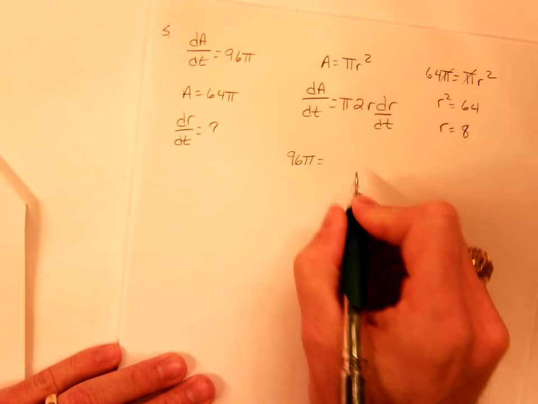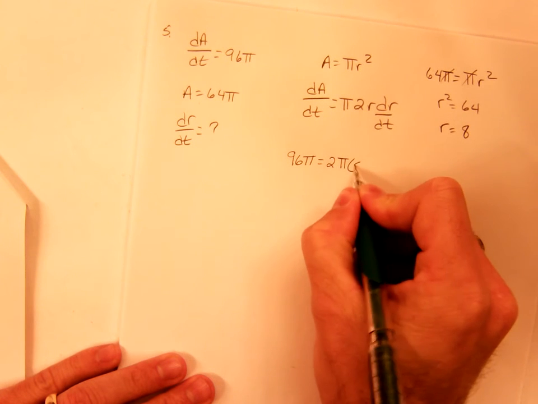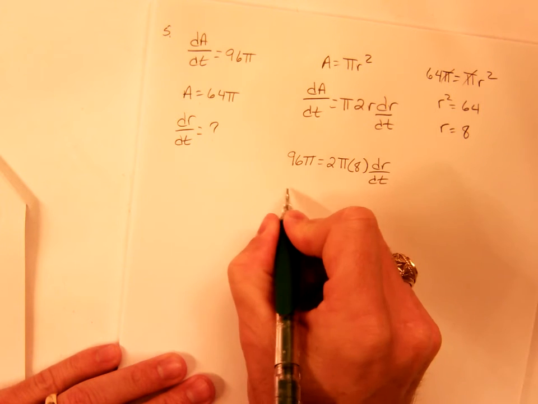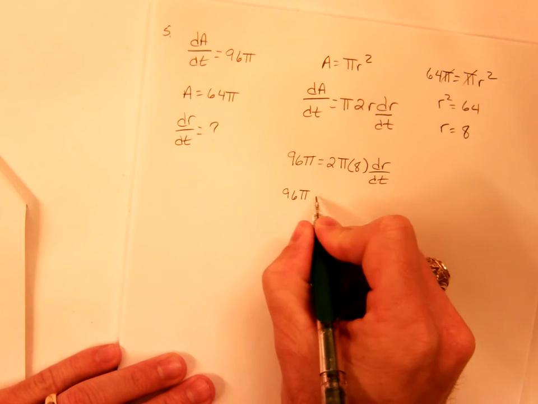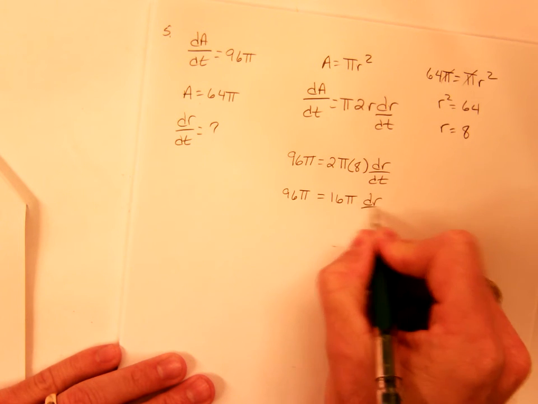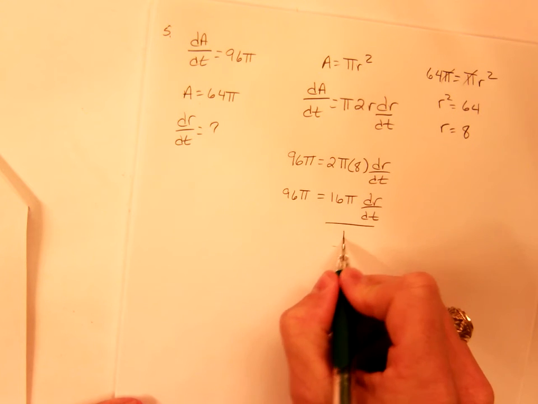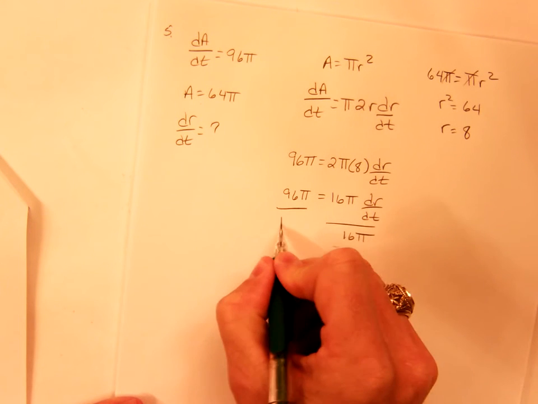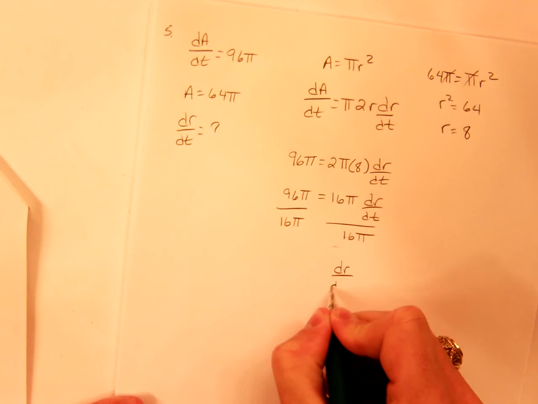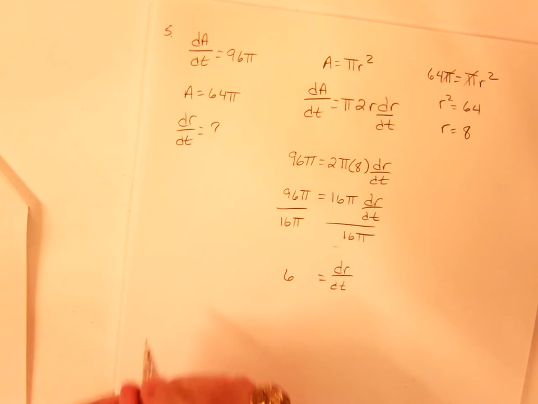This is equal to 2 times pi times 8 dr/dt. So 96 pi is equal to 16 pi dr/dt. And dividing both sides by 16 pi, I get dr/dt is equal to 6.